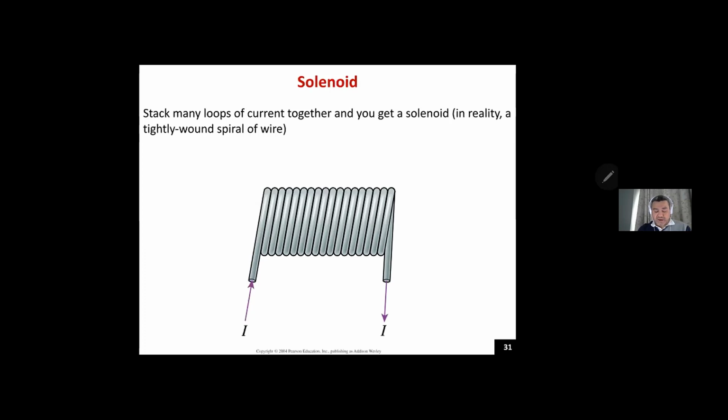So I will be getting a solenoid once I tightly wound this wire. Let's say if you do it on a pencil, you will get what's called the solenoid, which is basically a stack of loops right on top of each other.